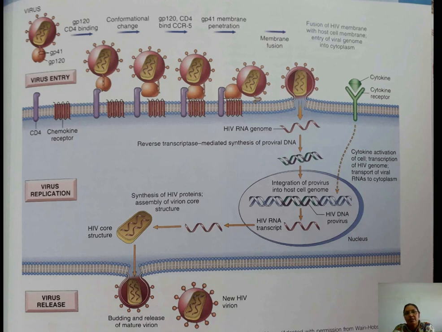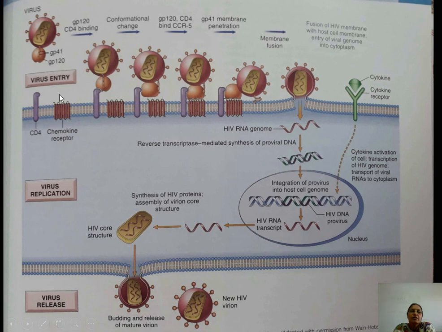Any foreign antigen is first captured by macrophages and dendritic cells, which are the primary antigen-capturing cells in our body. They are distributed everywhere, and the other target cells are the CD4 cells. In this example, this is the CD4 cell.